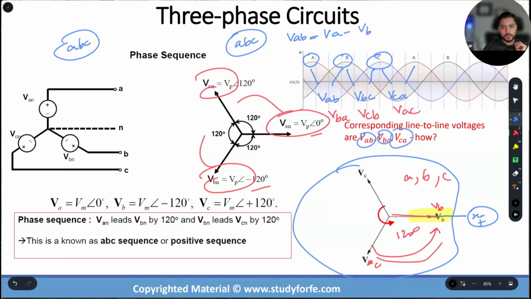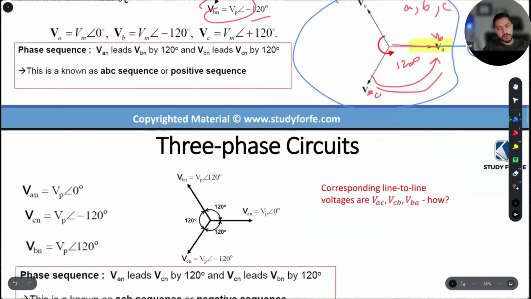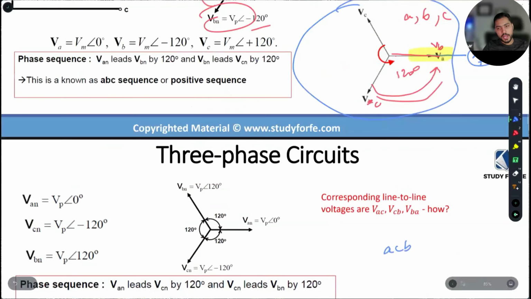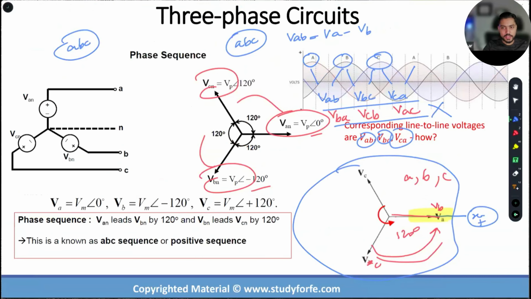I'm not sure if you previously had ever paid attention to this or encountered it, but this is fine detail which requires thorough understanding in order to properly appreciate it. So when you compare and contrast it with our ACB sequence, remember I told you that this cannot exist in positive sequence, VBA, VCB, and VAC.